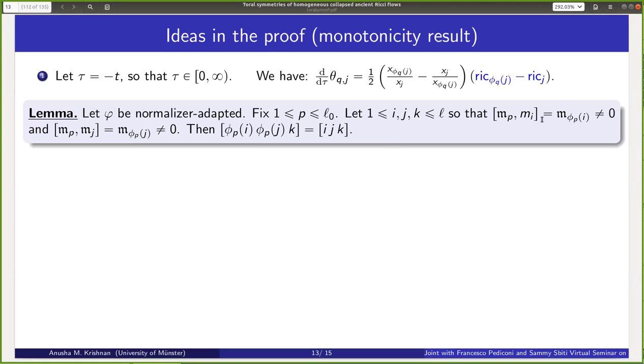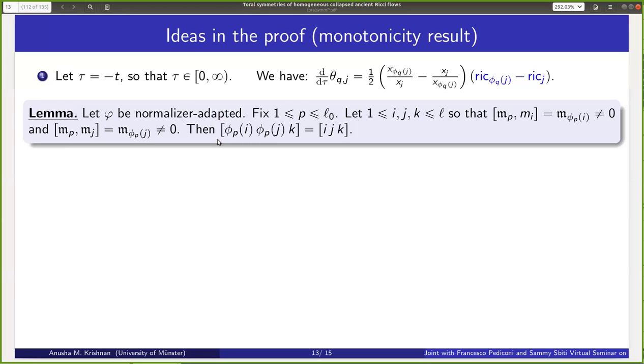So MI and M sub VPI are intertwined by the ad VP action, and MJ and M sub VPJ are intertwined by the ad VP action. Then the following two bracket constants are equal. Okay, so another way to say this is that the normalizer adapted condition implies some symmetries in these bracket constants.